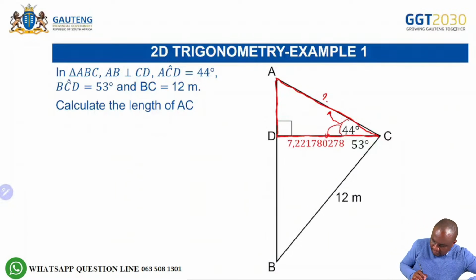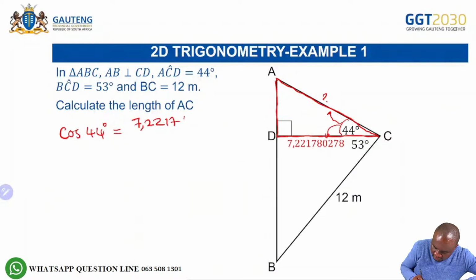So it's cos 44 is equal to the adjacent side, which is our DC, which is 7.221780278. Don't round off during calculation. Over our AC. Then this is over 1.